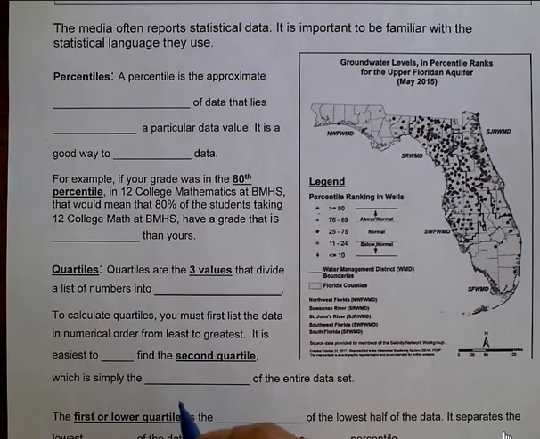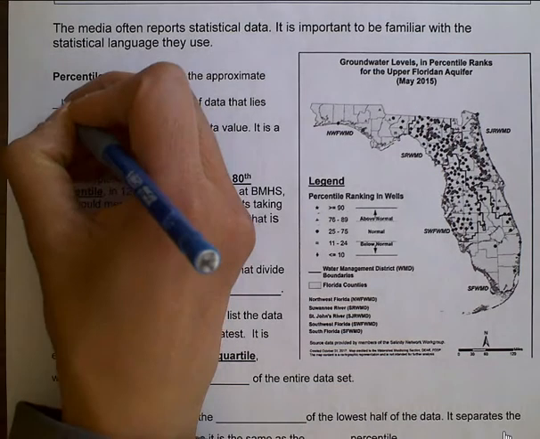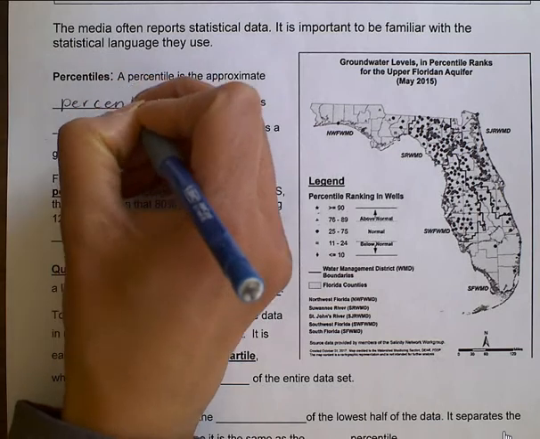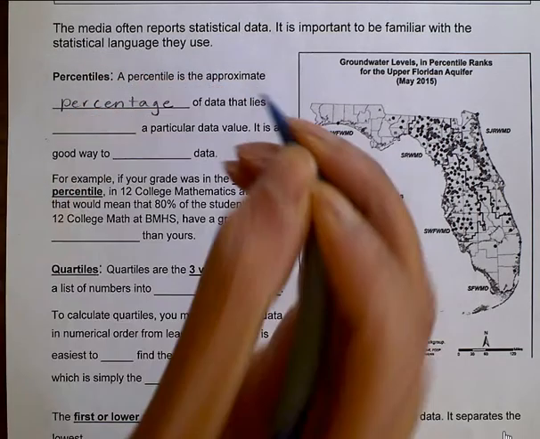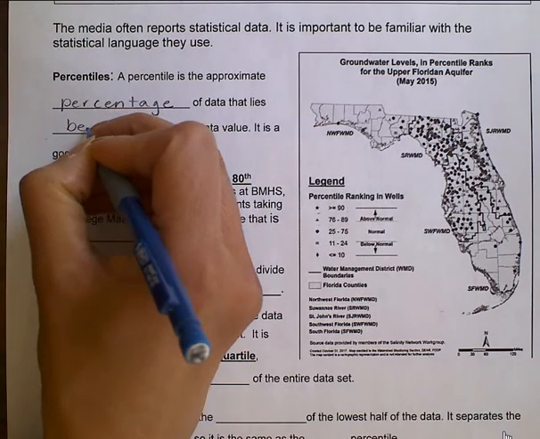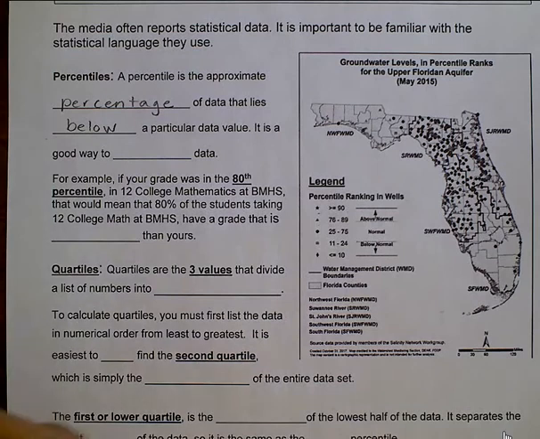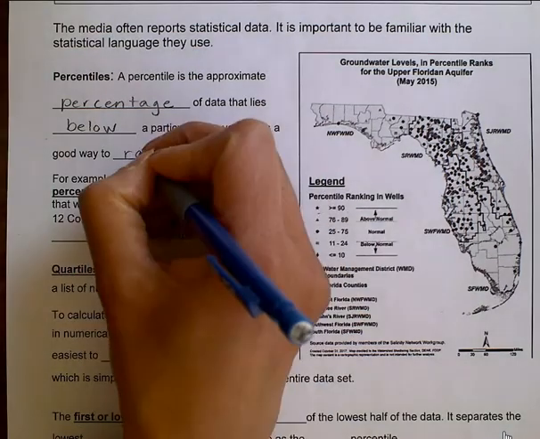So a percentile is the approximate percentage of data that lies below a particular value. It is a good way to rank data or compare data.